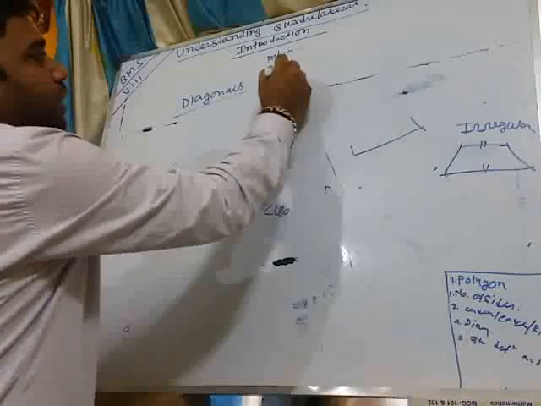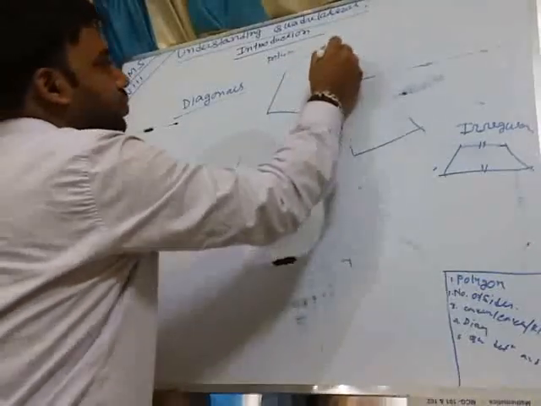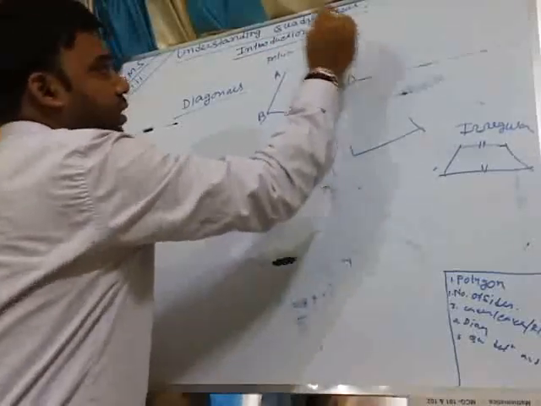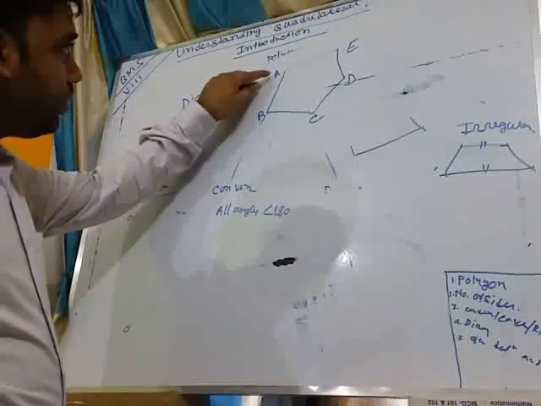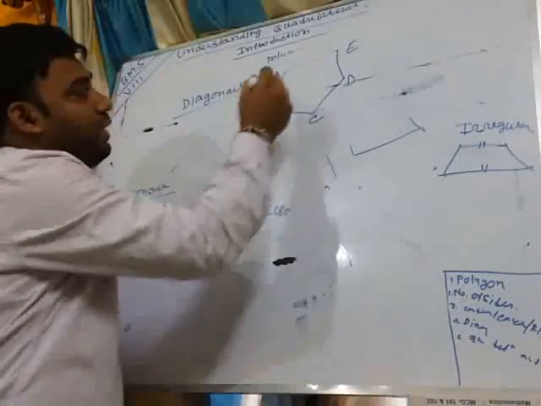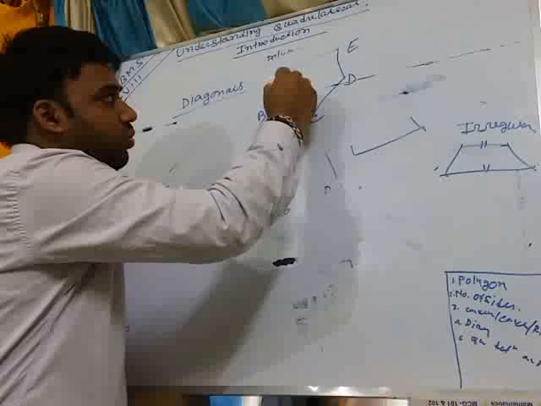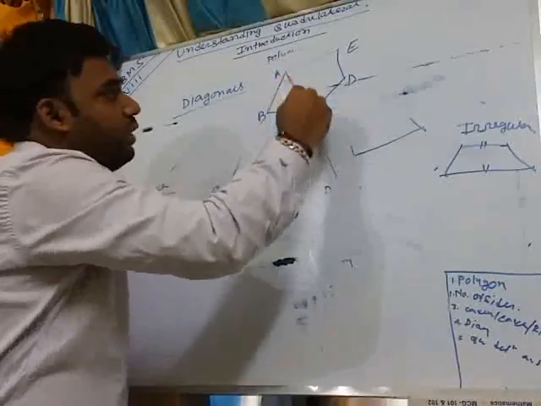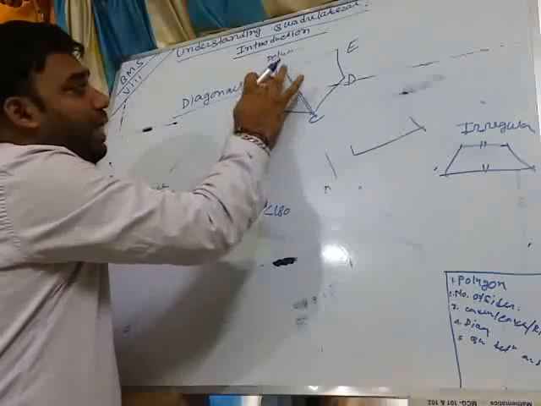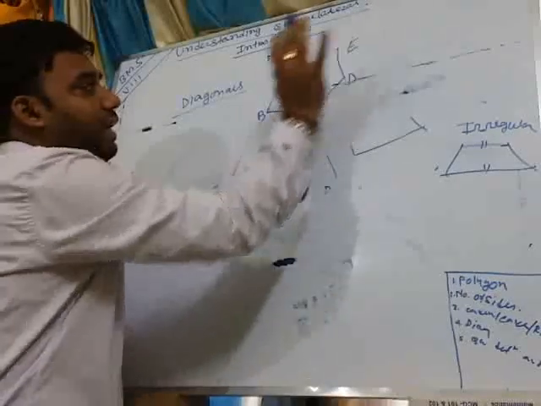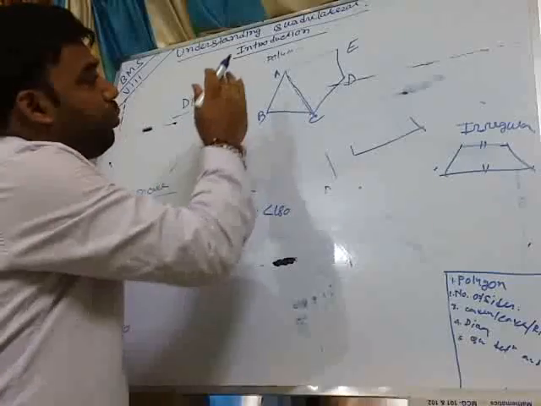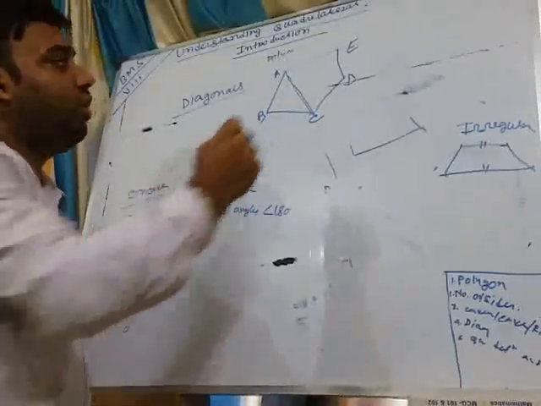Non-consecutive vertices means if I draw a polygon, A, B, C, D, E, these points A, B, C, D, E are vertices. If I join two vertices, the non-consecutive vertices of A are C and D, not B and E. So joining of two non-consecutive vertices is called a diagonal.